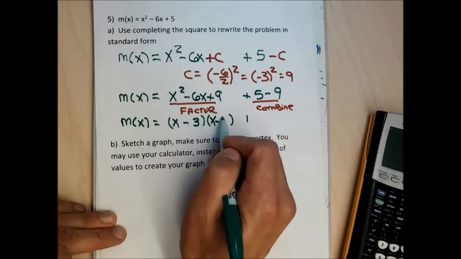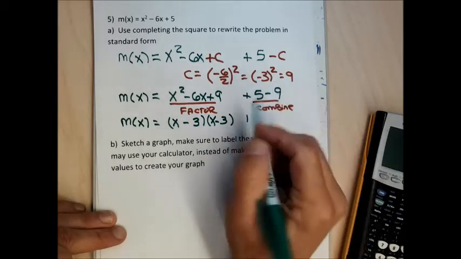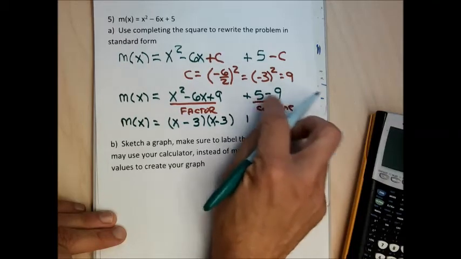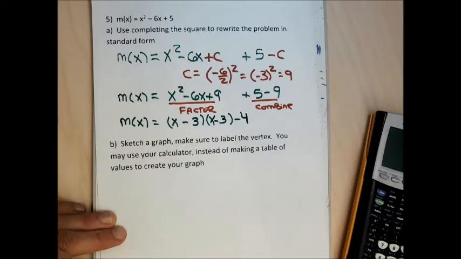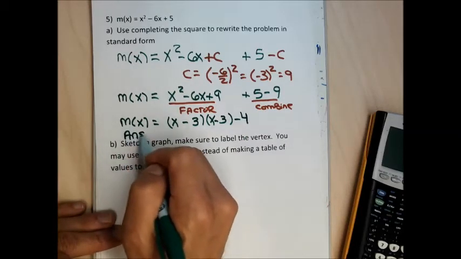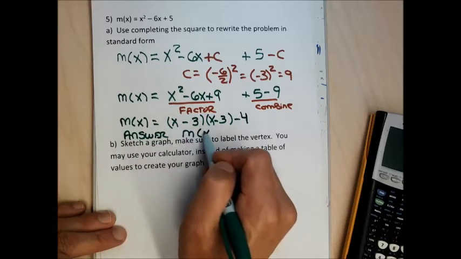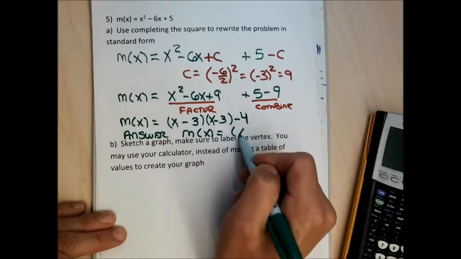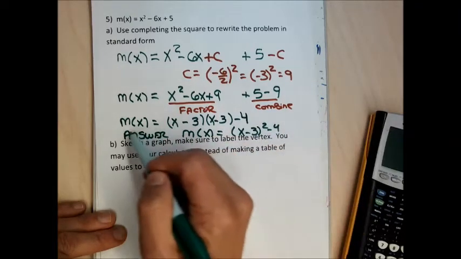Technically, they multiply to 9 and add to negative 6, and 3 will do that just fine. And when I combine the 5 and the negative 9, I get a negative 4. So I almost have my answer to part A. I'm going to get my answer by rewriting the x minus 3 times x minus 3 as x minus 3 squared, and I'll leave the minus 4 alone.